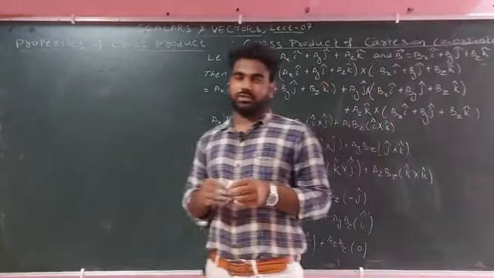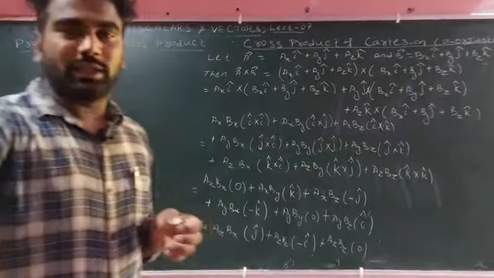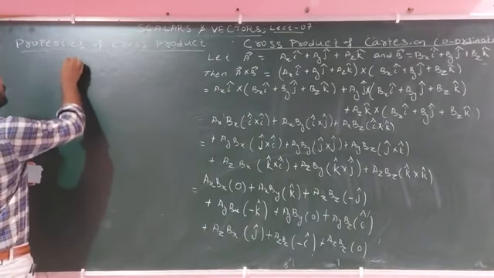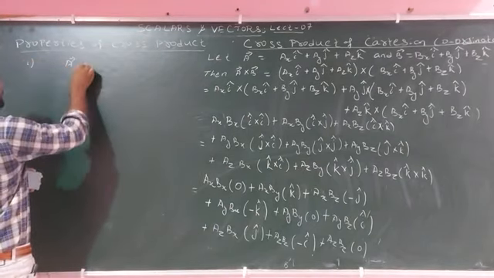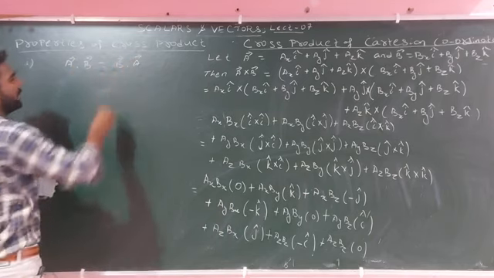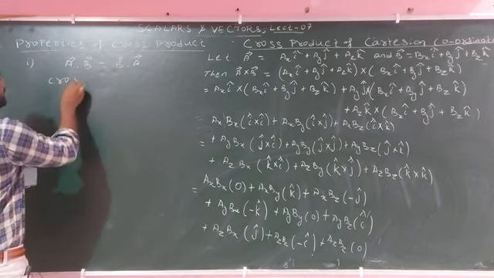Now we discuss the properties of a cross product. Unlike the dot product, which is commutative, the cross product is anti-commutative.